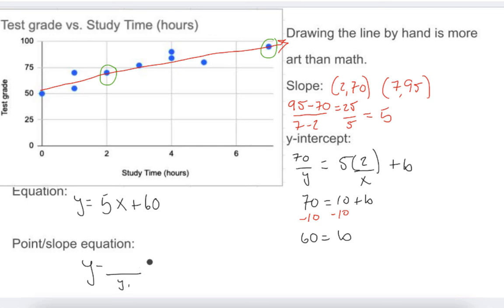Remember, y minus y1 equals the slope times x minus x1. So all we need to do is plug in the slope and the coordinate that we wanted. The y number is 70 and the x number is 2. So here we have a line equation. We didn't have to find the y-intercept, but the y-intercept can be helpful if you need to know what the base grade would be if nobody studied at all.